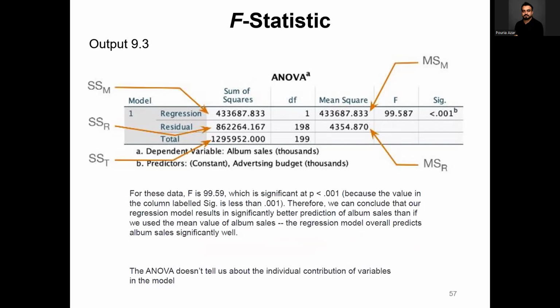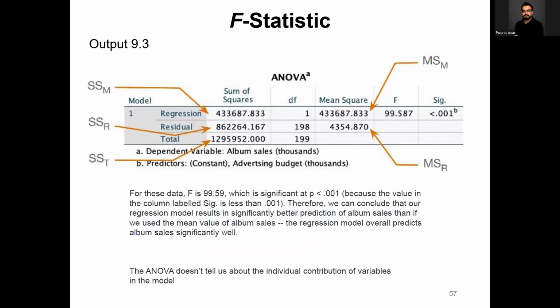Therefore, we can conclude that our regression model results in significantly better prediction of album sales than if we use the mean value of album sales. The regression model overall predicts album sales significantly well. This ANOVA table also provides the sum of squares.